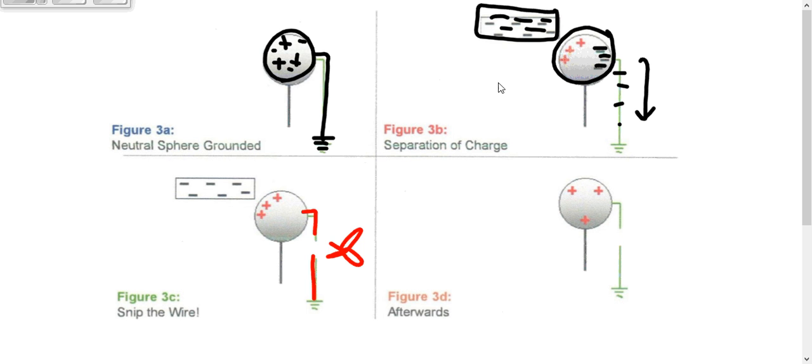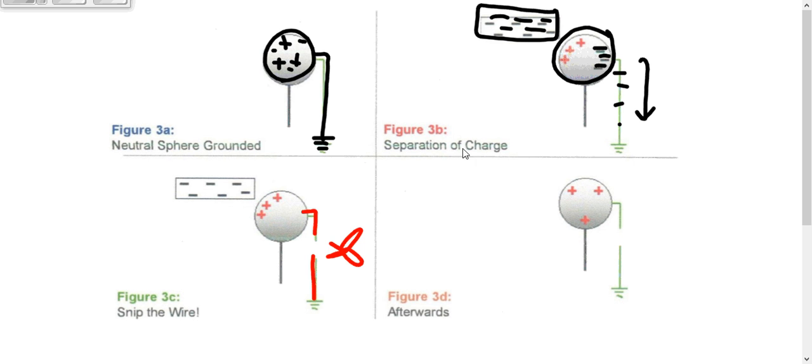In 3B, I get this separation of charge. It's called polarization when we are talking about induction. I bring my negative rod near. Those electrons in the neutral sphere or loonie try to get as far away as they can. And in this case, because we've got that wire, those electrons will travel down the wire.